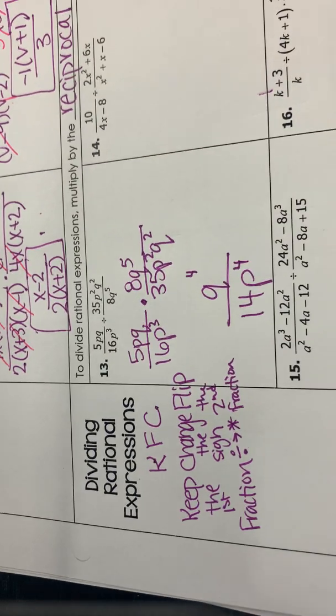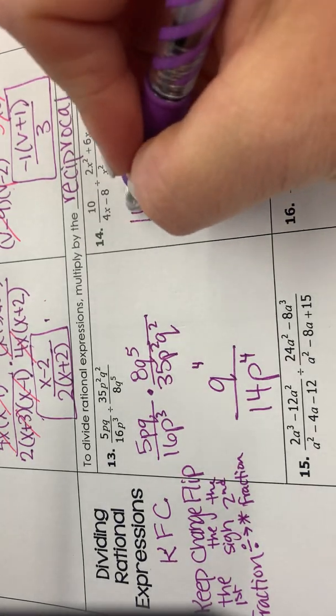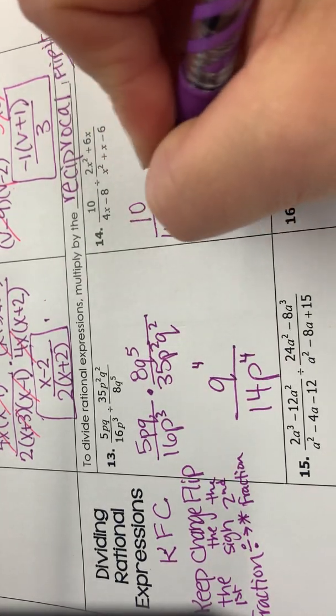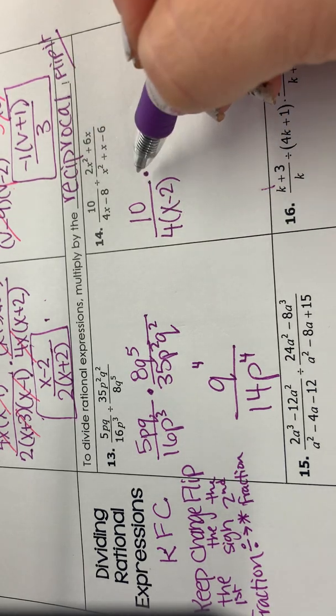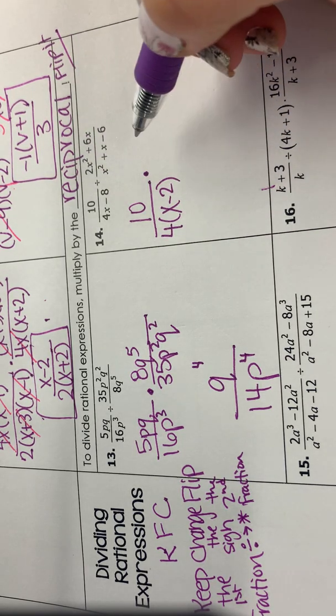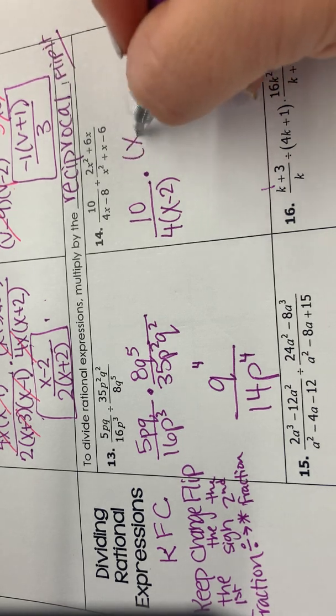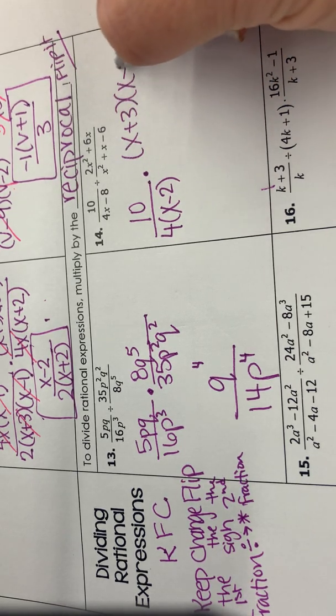Number 14, same thing. I'm going to kind of write what you would get after you had to factor to help some of you out there. So my first fraction, that's it factor, change division to multiplication. I'm going to flip, and when you flip and factor, this is what you would get.